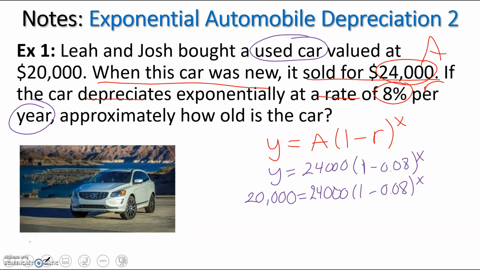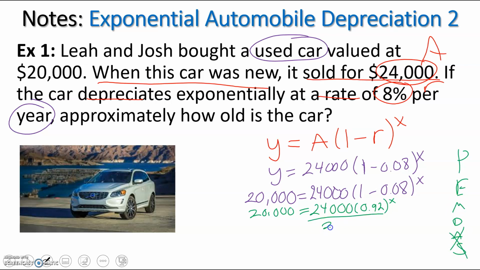So let's go ahead and simplify inside the parentheses first. So our equation is 20,000 equals 24,000 times 1 minus 0.08, which is 0.92, to the power of x. Now remember, with solving equations, we reverse PEMDAS. So is there any addition or subtraction? No. Is there any multiplication or division?